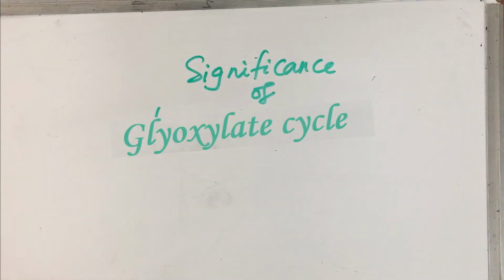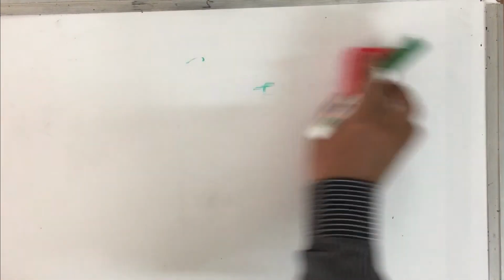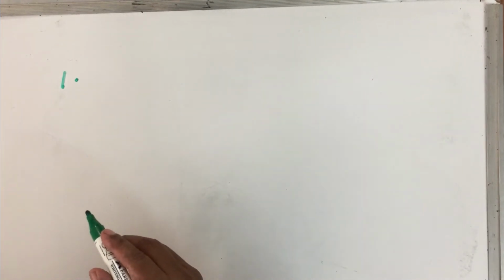Let us look at the significance of the glyoxylate cycle. There are many points to be added to this. The first and foremost is the oxidative decarboxylation of pyruvate to acetyl-CoA. It is an irreversible process in most organisms. So this has important consequences.